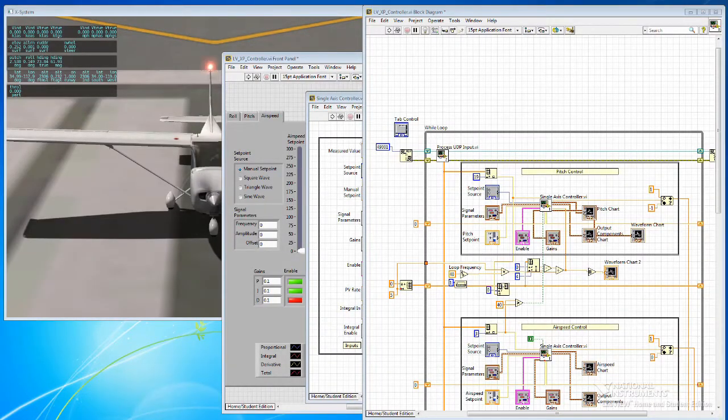So I'm going to go through a few different ways that we can try and control integral windup.